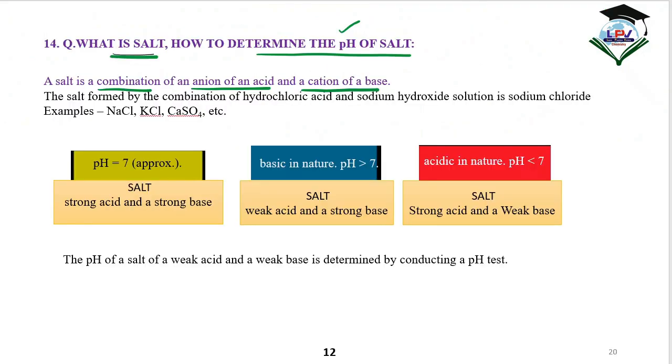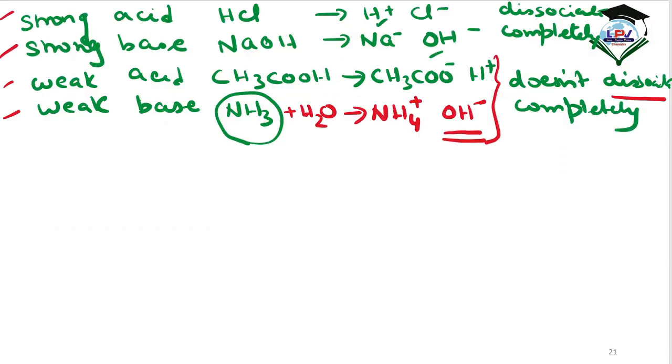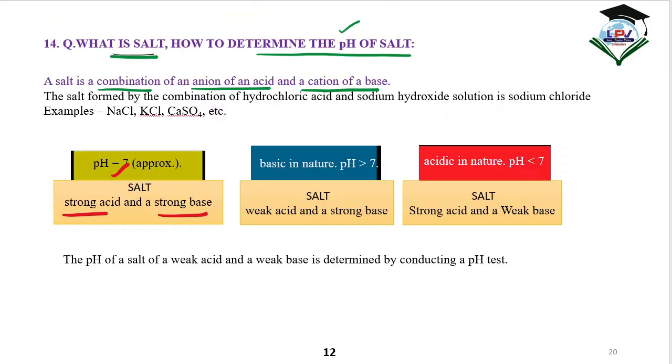Now let's see this diagram. Here it is said that a strong acid and a strong base give a salt which has a pH of 7. Let's first make the salt. Let's say take hydrochloric acid and sodium hydroxide.